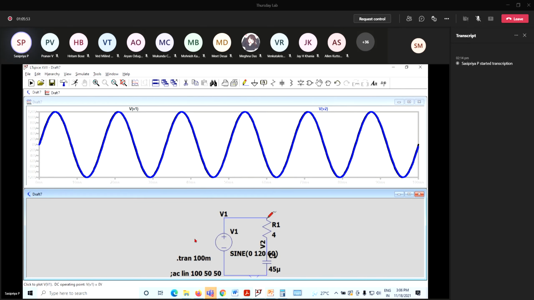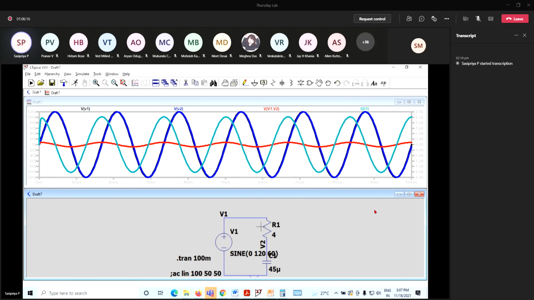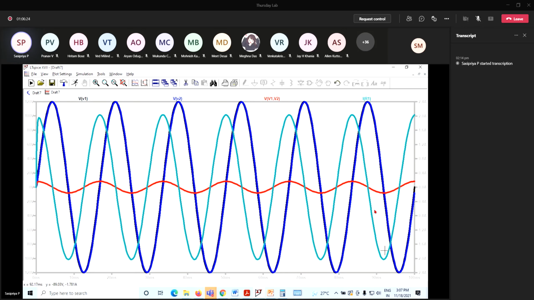The red color one is the resistor voltage, and the blue color one is the capacitor voltage. Then this is the current. So from this you can take the values and you can draw the phasor.